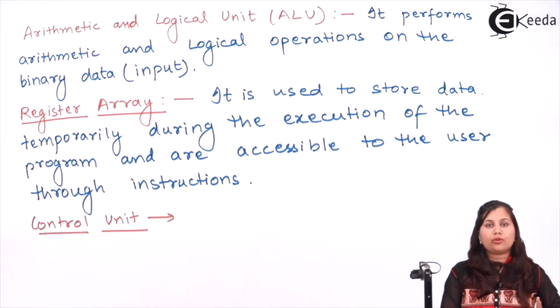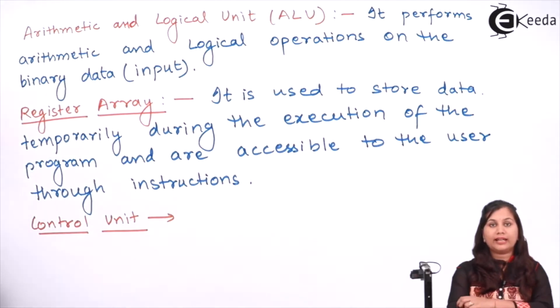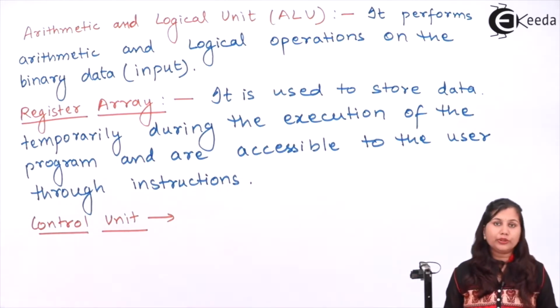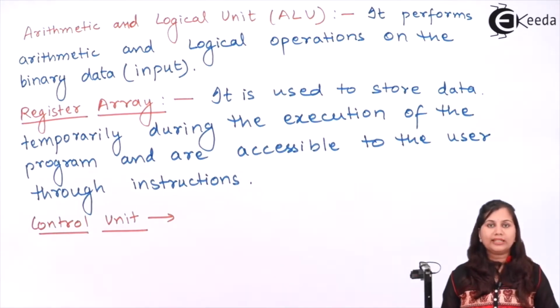So for the execution of each instruction, how is the microprocessor going to understand that now I have to execute this instruction, next I have to execute that instruction? Some procedure should be there to control the execution of the instructions. So this control unit provides the controlling and timing signals to the microprocessor so that it can easily execute the instructions and smoothly perform all the operations on the data.